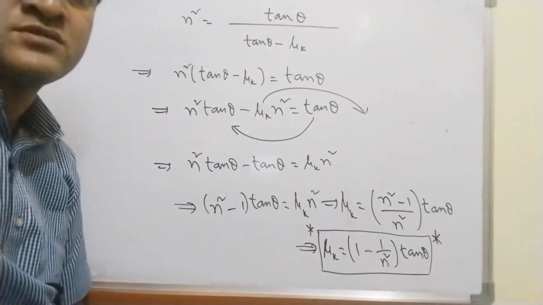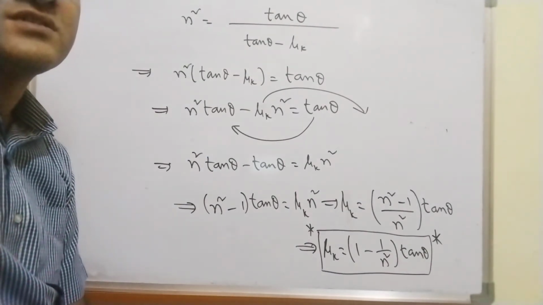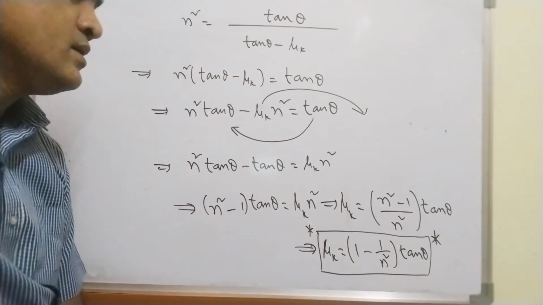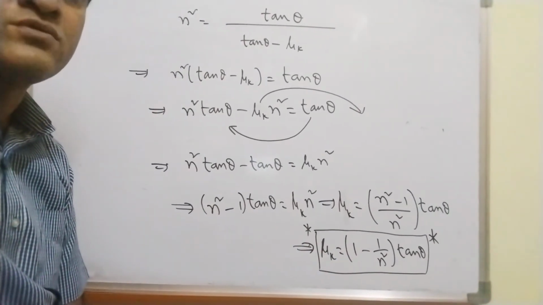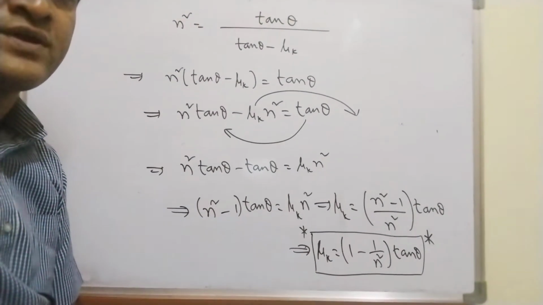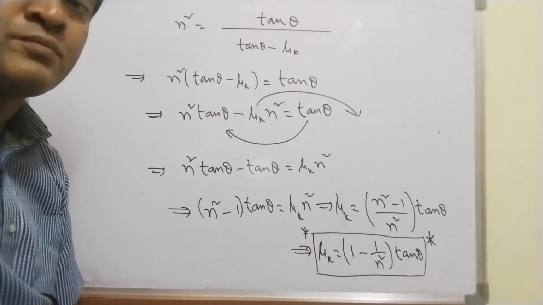This is the case. Remember this as a standard formula. Mu k is equal to, remember this is simple, 1 minus 1 by n square into tan theta. Fine.